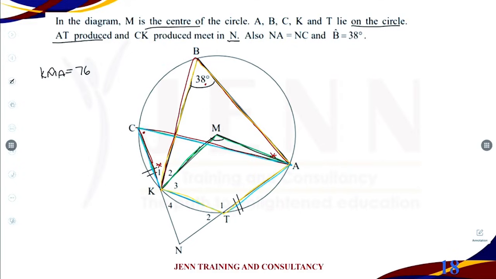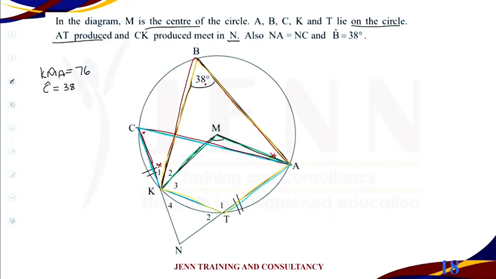Remember I said this is angle at center is twice angle at the circumference. And also the size of angle C is 38. The reason for that: angles in the same segment with angle B, they are angles subtended by an arc at the circumference. So these are the angles in the same segment.